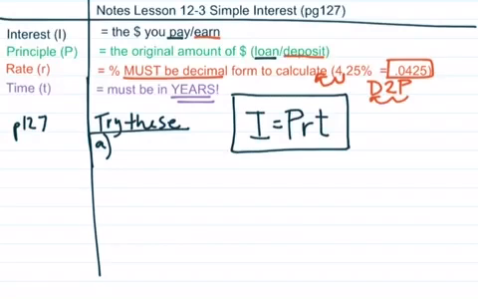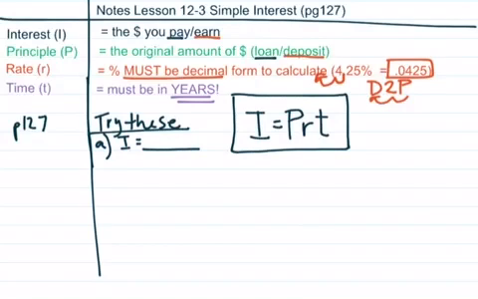I stands for interest, the capital P stands for principal, the R stands for rate as a percentage, but we have to change it to decimal, and then T stands for time in years, just like we had all drawn out here. So for problem A, the question is, what is the simple interest? So that's our unknown.